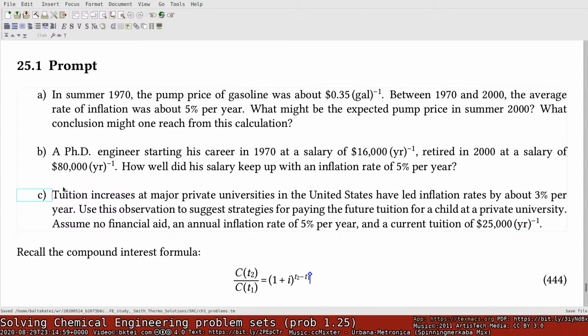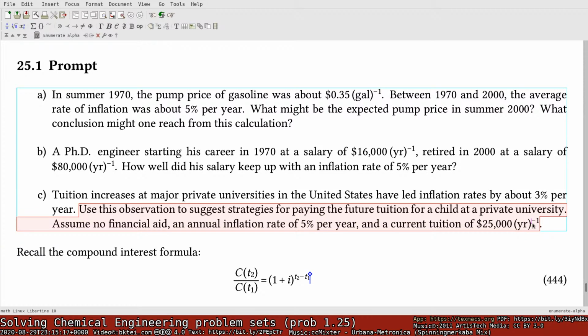Okay. Part C. Tuition increases at major private universities in the United States have led inflation rates by about 3% per year. Use this observation to suggest strategies for paying the future tuition of a child at a private university. Assume no financial aid, an annual inflation rate of 5% per year, and a current tuition of $25,000 per year.